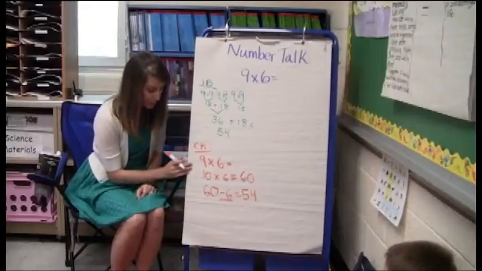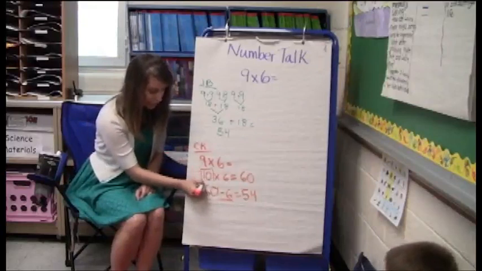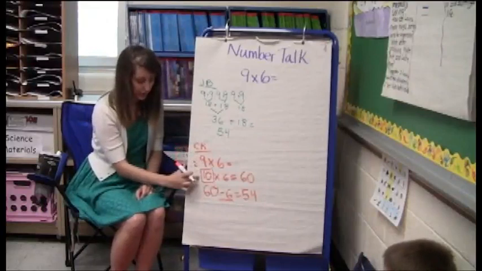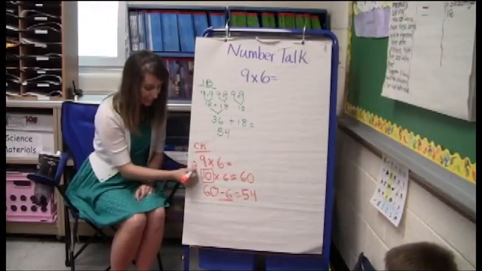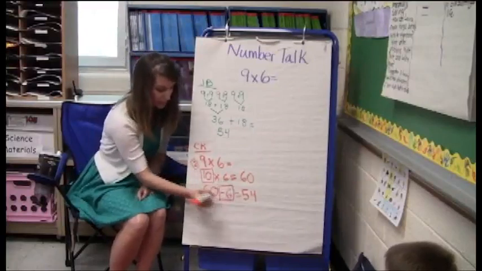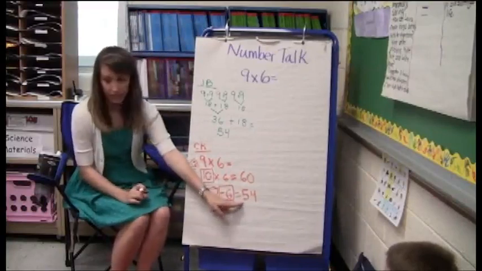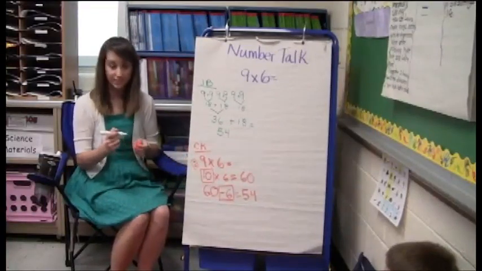Good job. Does everyone see what she did? She had to add one group of 6. So instead of 9 groups of 6, she now had 10 groups of 6. And because she added that group of 6, she then had to go back and subtract it to find her answer. And Carolyn, you said you got a total of 54? All right.